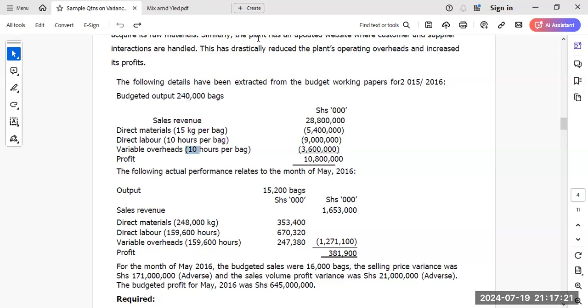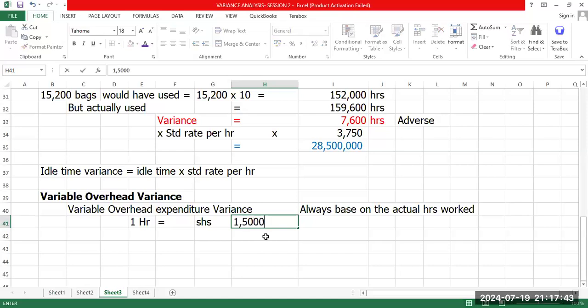What do you get? This divided by 240 divided by 10. What do you get, colleagues? 1,500.